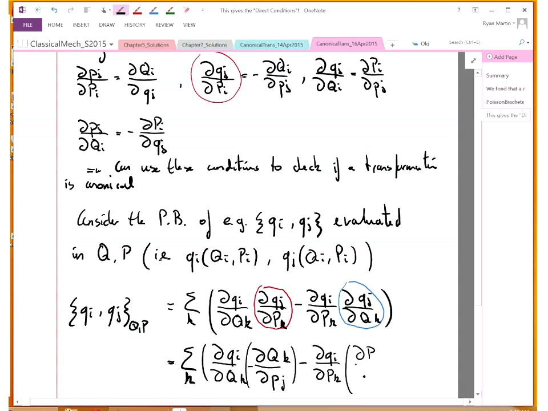I need a lowercase q over a capital Q. If I look at my direct conditions, it's the third equation. That has a lowercase q over a capital Q. So applying the direct condition, that's going to give me a capital P over a lowercase p. And then I have to switch the indices. So in the blue circled thing here at the top, or just above, I have lowercase qj.